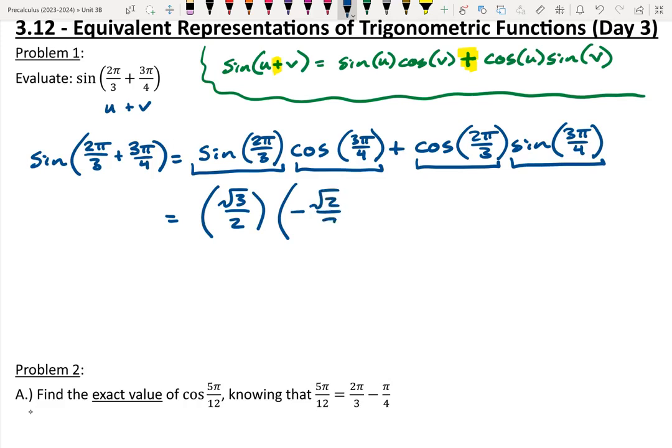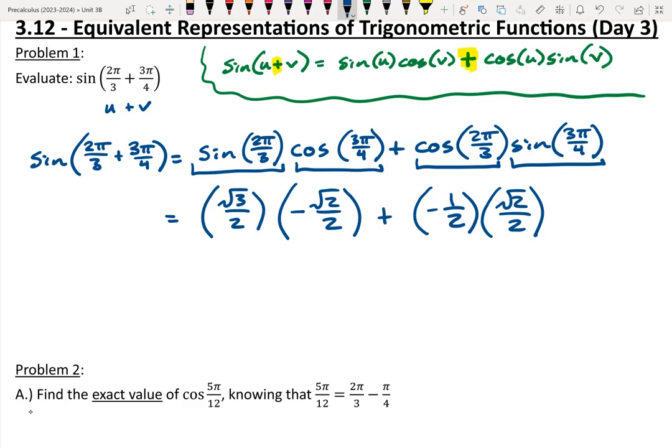Negative root 2 over 2. All right. And then what is cosine at 2 pi over 3? And sine at 3 pi over 4? Positive, right? All right, so all we're doing is we expanded with the formula. We substituted in the values from the unit circle to get where we are now.